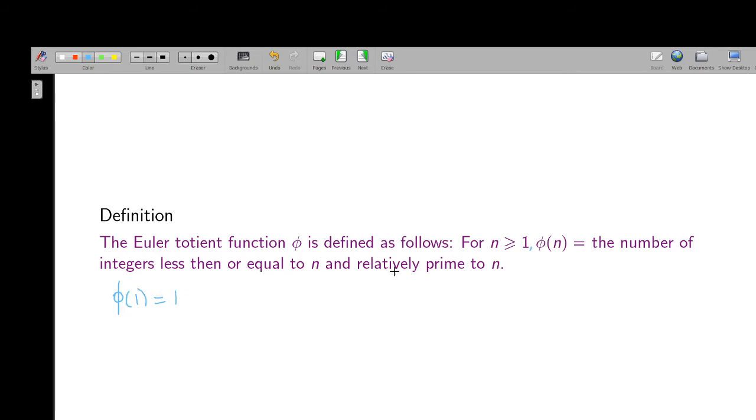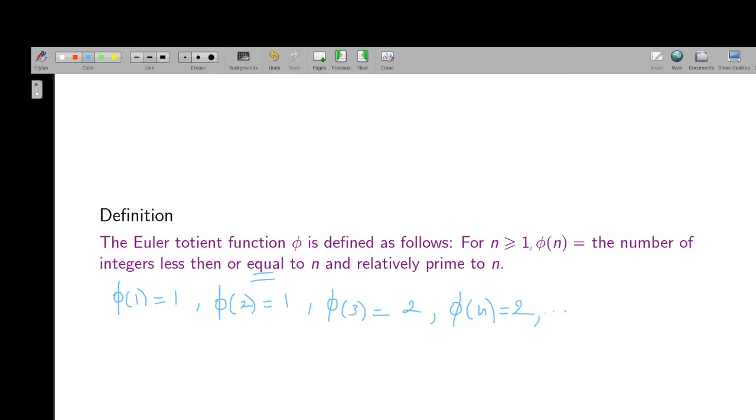I purposely put less than or equal to; equal to is only relevant when n is equal to 1 itself. Phi of 2 again is 1, since only 1 is relatively prime to 2, 2 is not. Phi of 3 is 2. Phi of 4, what is phi of 4? 1 is relatively prime to 4, 2 is not, 3 is relatively prime, so this is again 2.